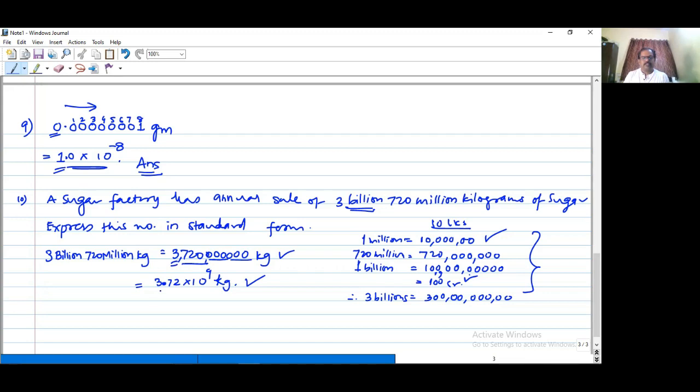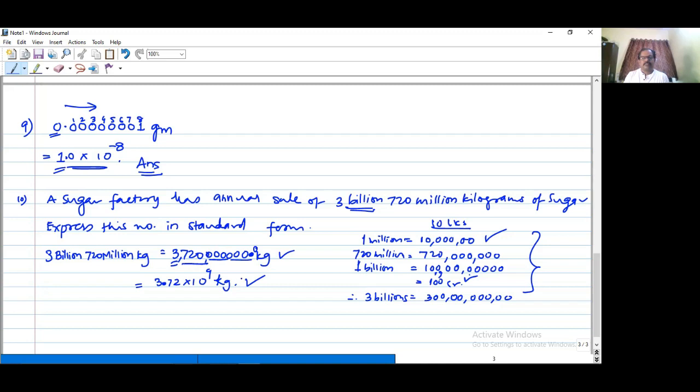So it will be 3 point. Write the non-zero digits first, and the remaining zeros we express as a power of 10. So where is the decimal in 3,720,000,000? There is no decimal shown, which means the decimal is after the last zero.